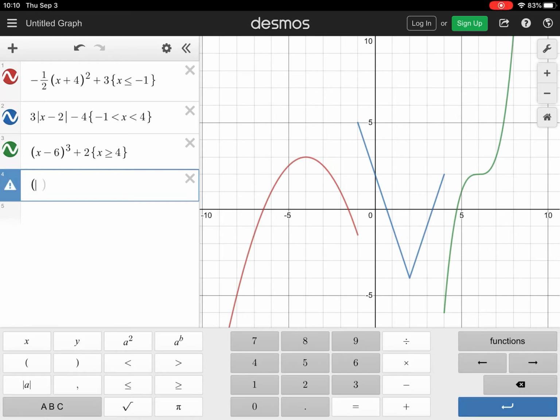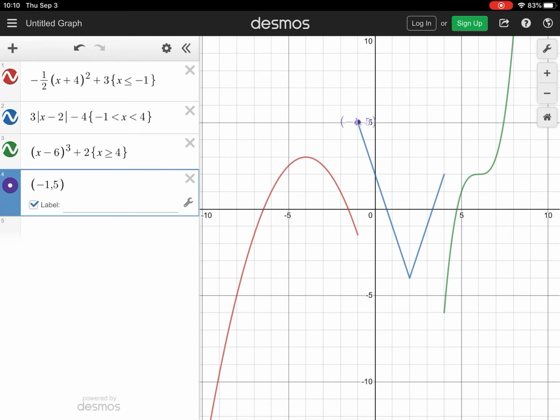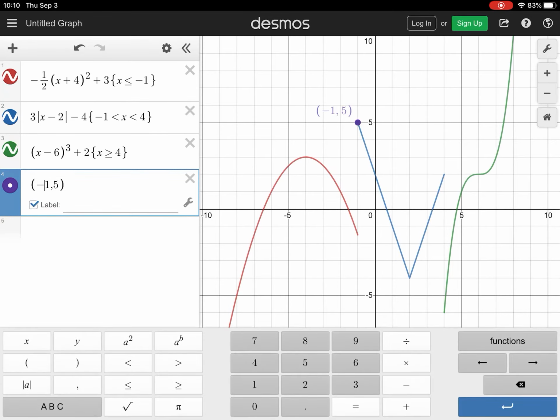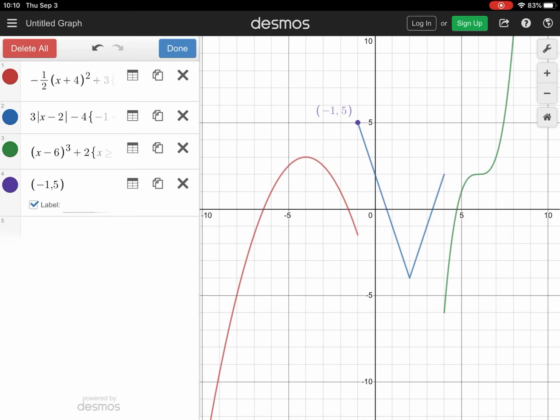So if you want to put a point at -1, 5, and you want to label it, there is an option where is it, settings? Yeah, settings, and the style is open.